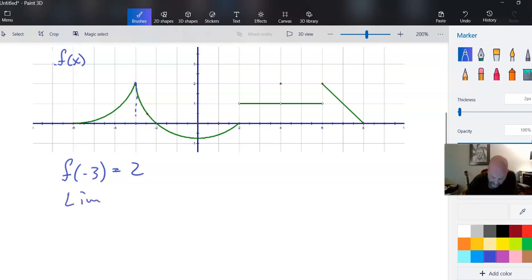Then we take the right-handed limit. So this time we're approaching -3 from the positive side, right? So this is the limit as x approaches -3 from the positive side of f of x. So that means I'm not looking at anything on this side, right? This stuff is out for the moment.